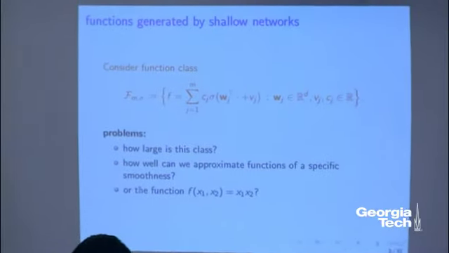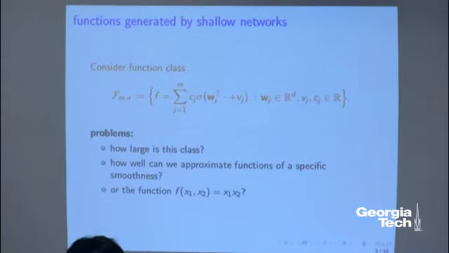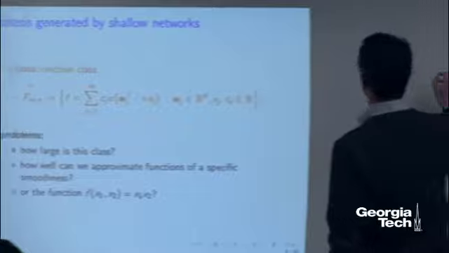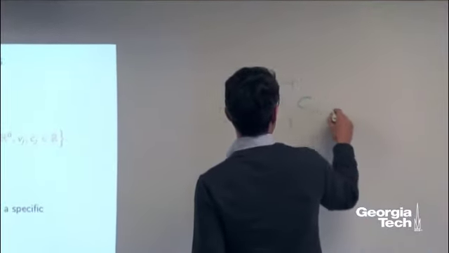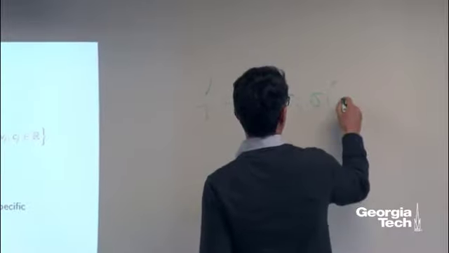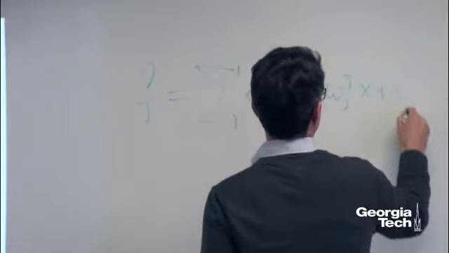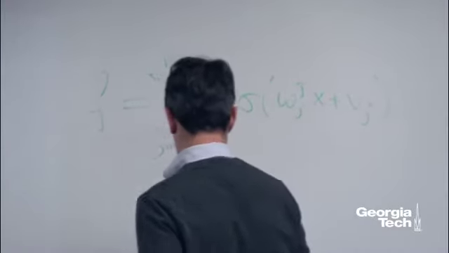Okay, so again, what is a shallow network? I will put it on the board so you can always see that, because everything is related to that. Those are just functions which are linear combinations of these units, and we have some interesting parameters here.